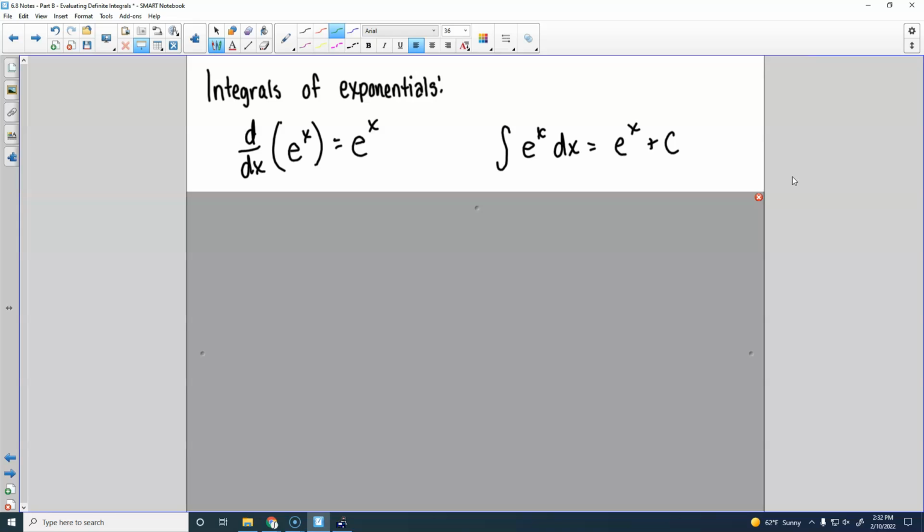So the integral of an exponential is itself. It's the only function that is the case for. Which is crazy. If you think about this, this means that the slope of the tangent line everywhere is the same as the area under the curve. Which is crazy.